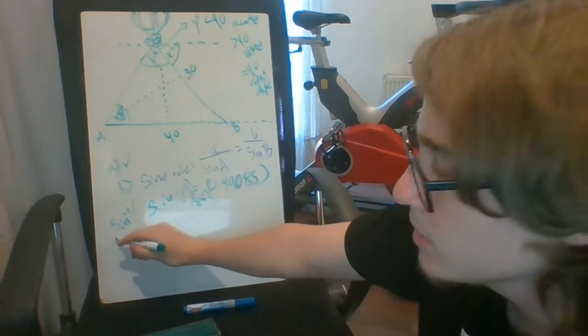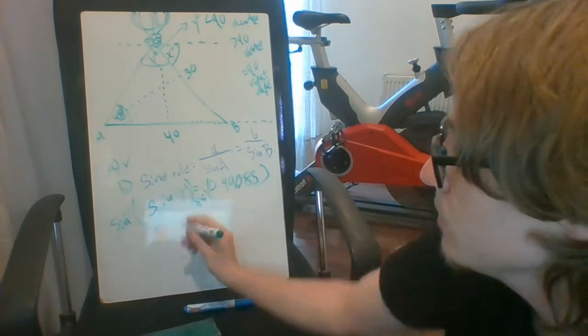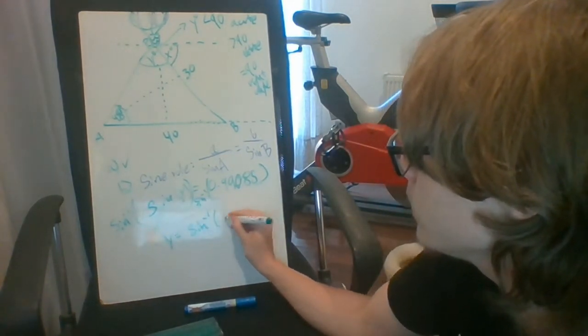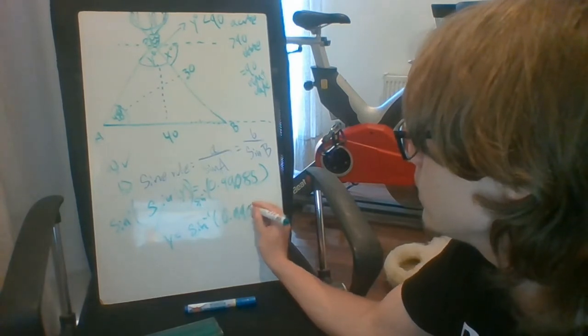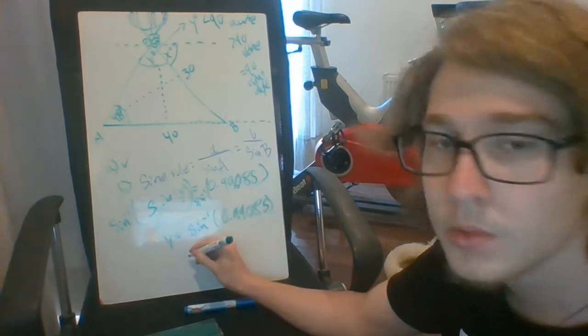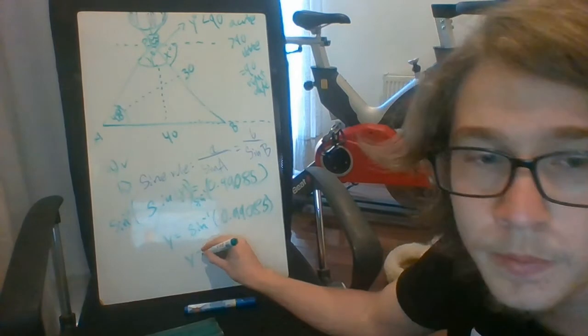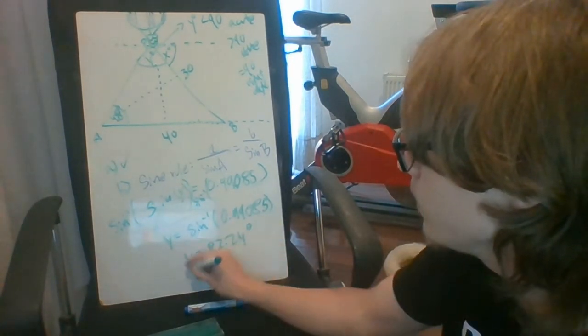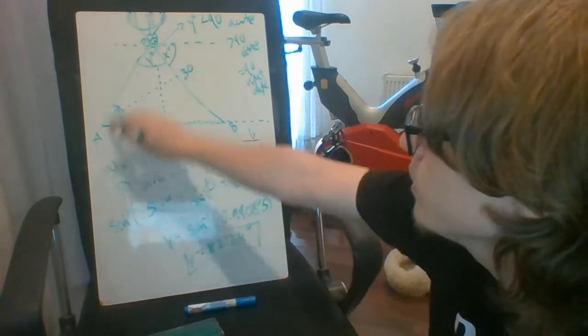These are going to cancel out. We end up with y being equal to sine inverse of 0.99085. This will give us that y is equal to 82.24 degrees. So that is part B, the angle of APB.